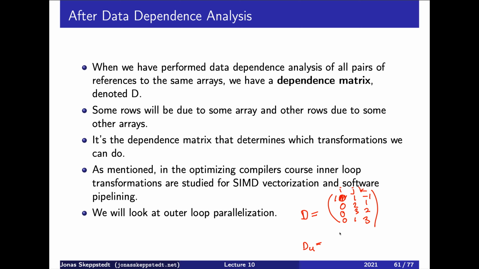The loop is determined by this transformation that has zeros only here, and here something else, but all of them should be greater than or equal to 0 actually, since it's okay if they are 0, but they should not be negative. The first non-zero of a row should not be negative.